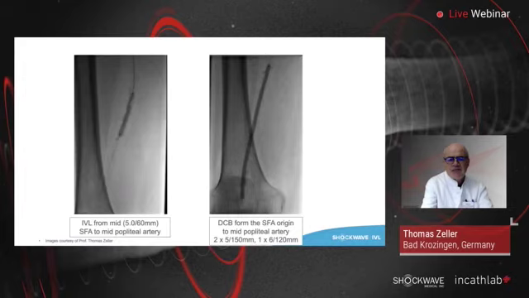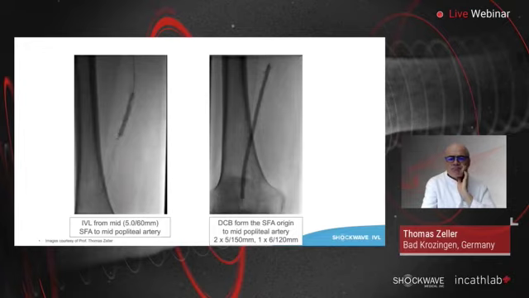We could have even used a 5.5 millimeter balloon. And this was then followed by post-dilatation with overall 3 drug-coated balloons, 5 millimeter diameter distal and 6 millimeter more proximal.